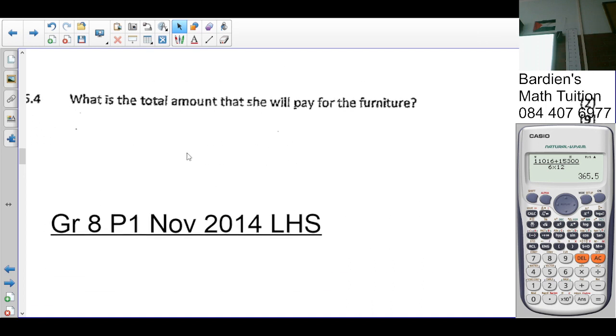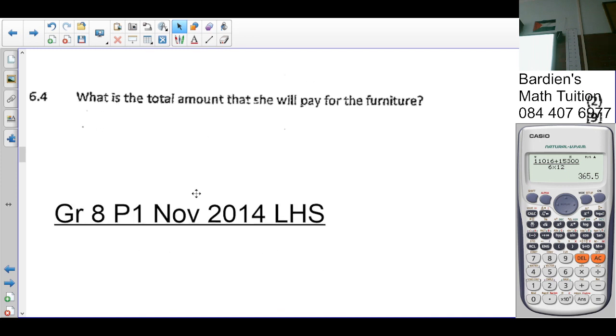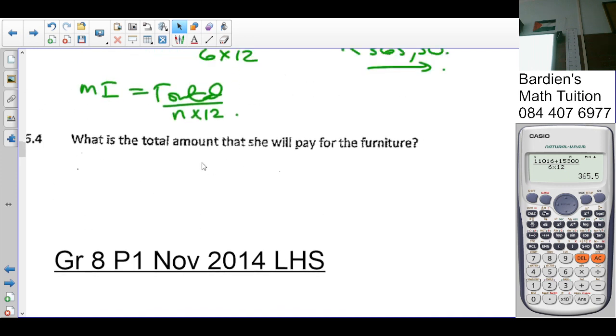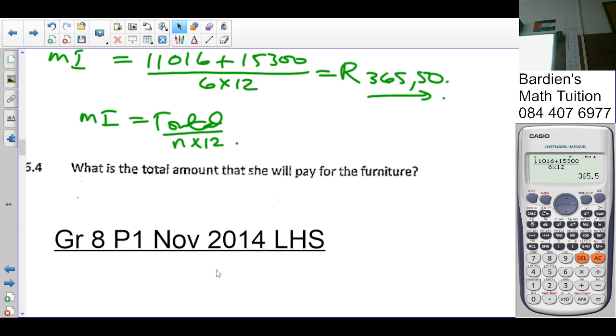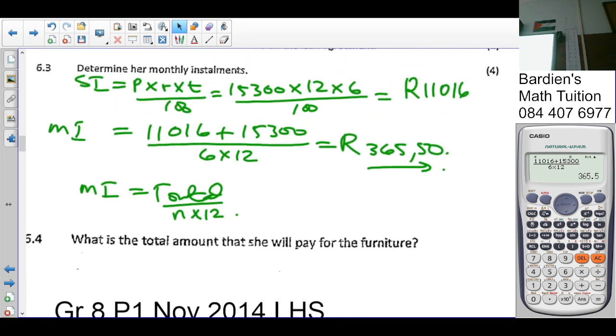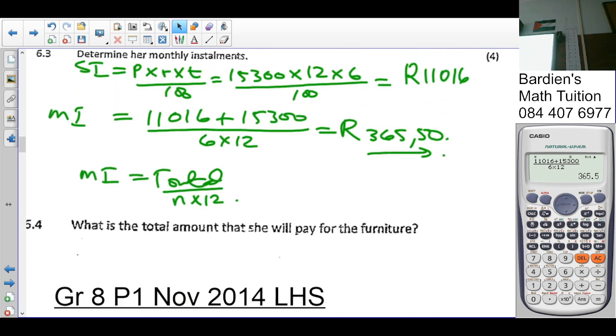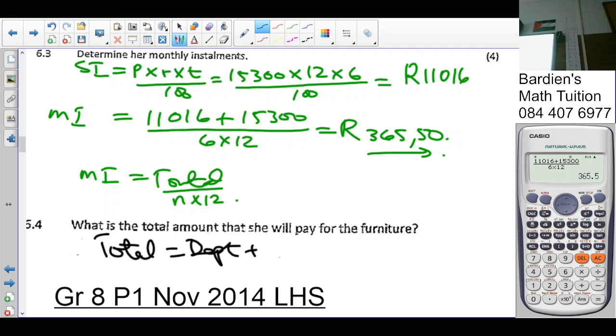Then I want to know in the final question, what is the total amount that you pay for the furniture? So now the total amount, of course, includes the deposit. So the total is equal to your deposit plus the final amount, the sum of those two values. Okay, let's calculate it.